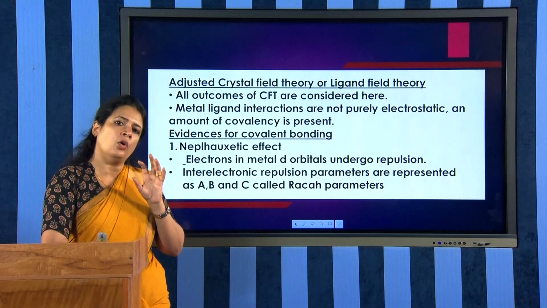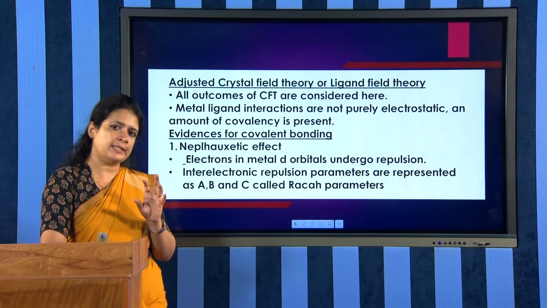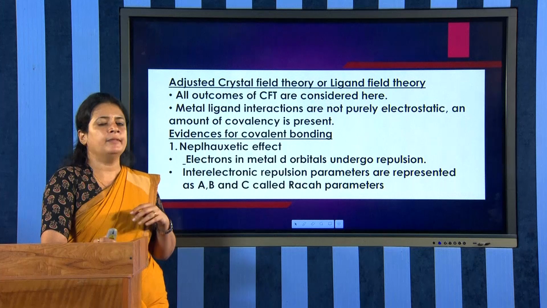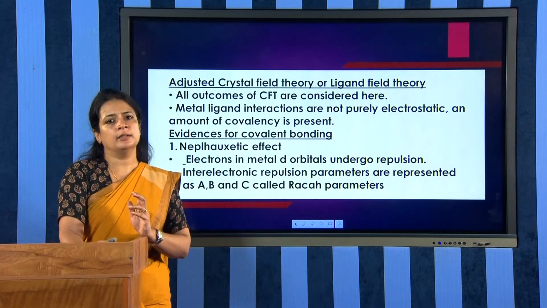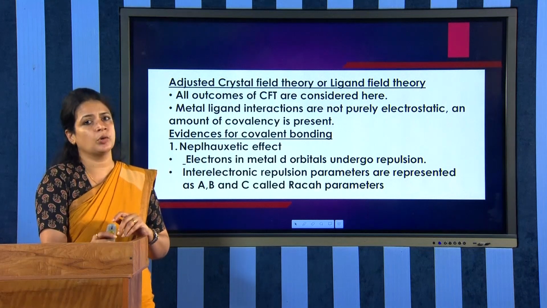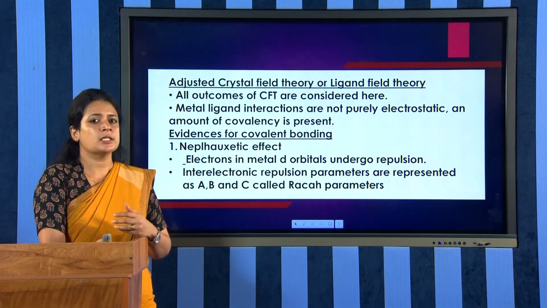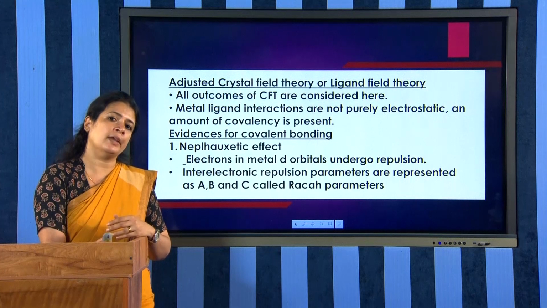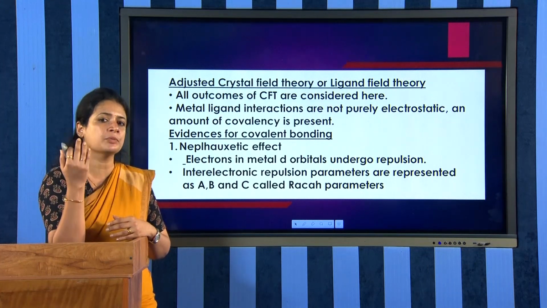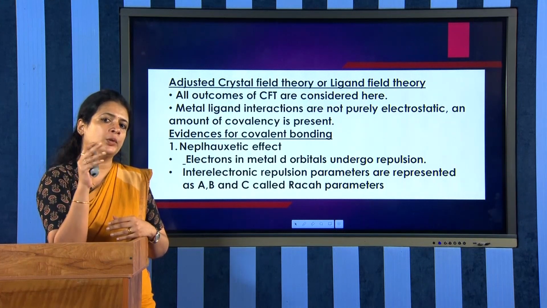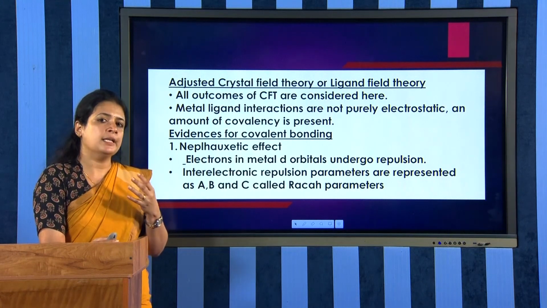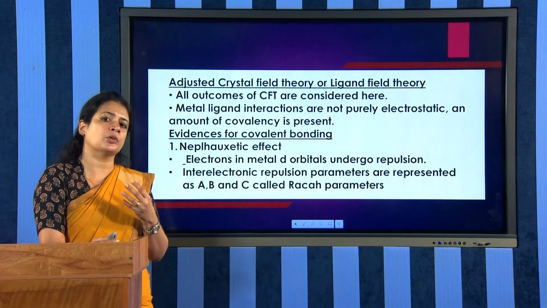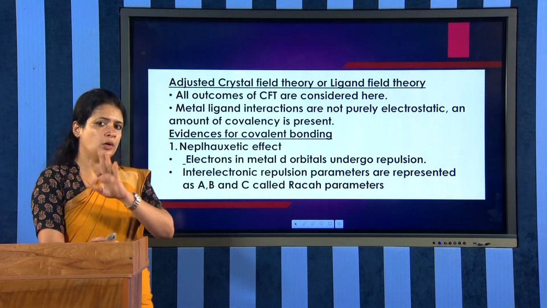It is present in all complexes as well as in a free metal ion, and when it was investigated, it was found that the Racah parameter, or interelectronic repulsion parameter, is very much less when a metal is complexed with the ligand when compared to the free metal ion. That is, the free metal ion experiences greater interelectronic repulsion when compared to the complex.